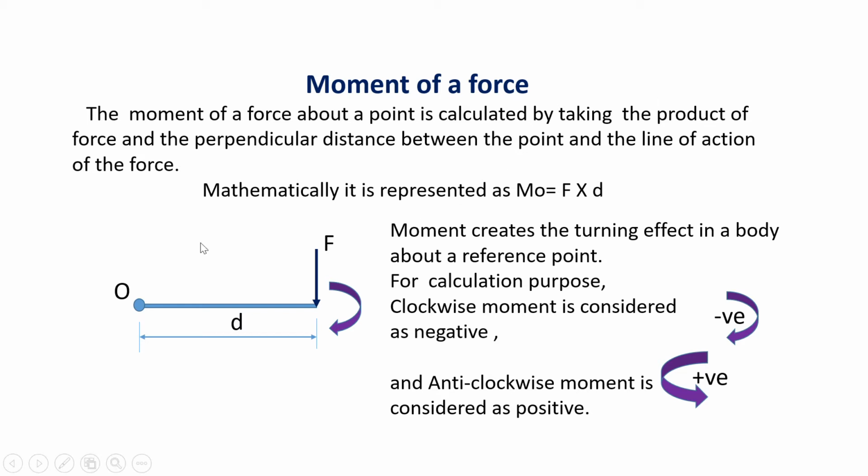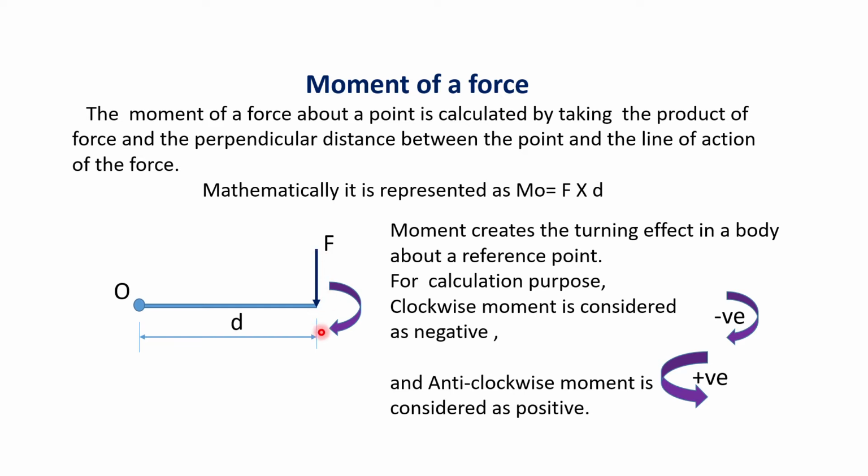So when we are taking a moment about a particular point, then that force is multiplied by that particular distance, and that distance is taken from the perpendicular line of action of the force. So suppose there is a pivot point O about which we have to take the moment, separated by the distance d.